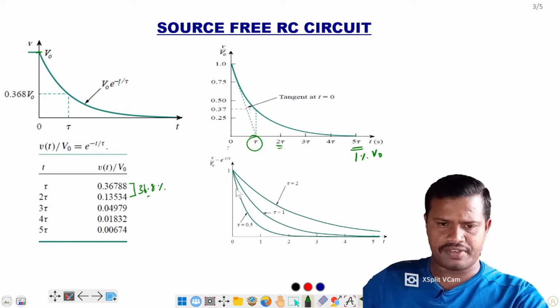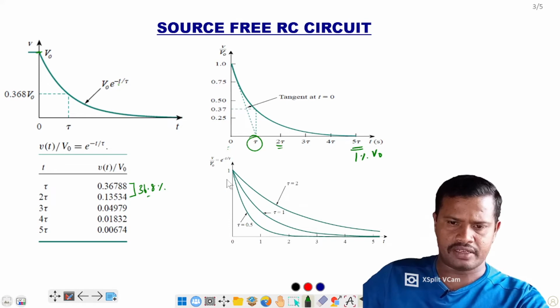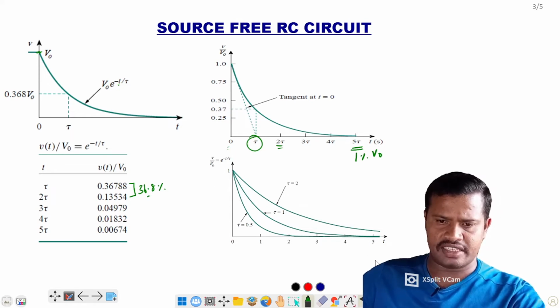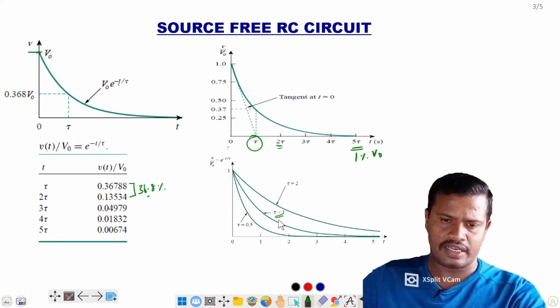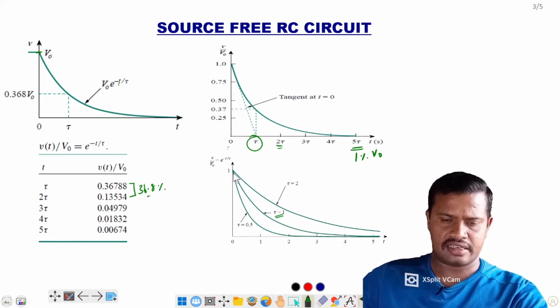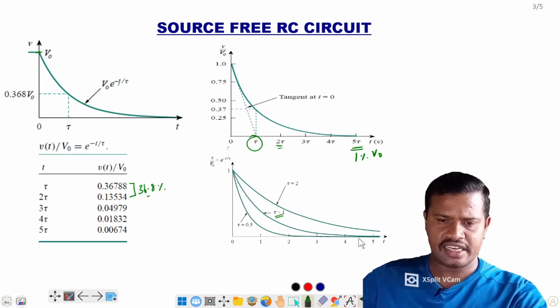For the base reference, we have drawn the graph between v by V naught and t at tau equal to 1 time constant. The response is exponentially decaying.